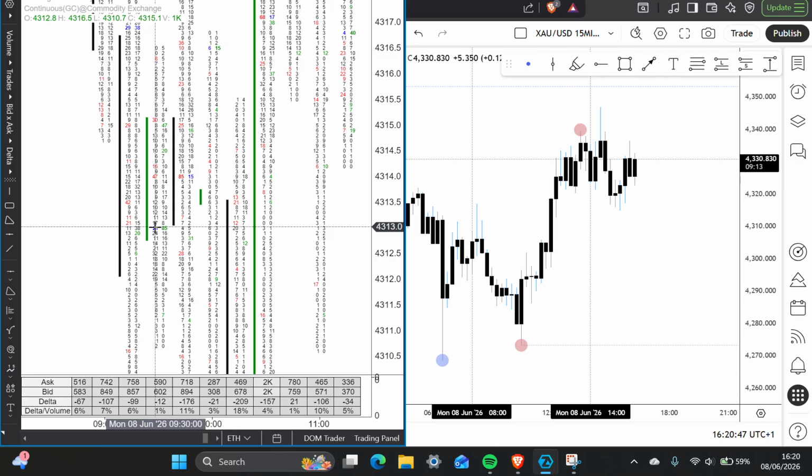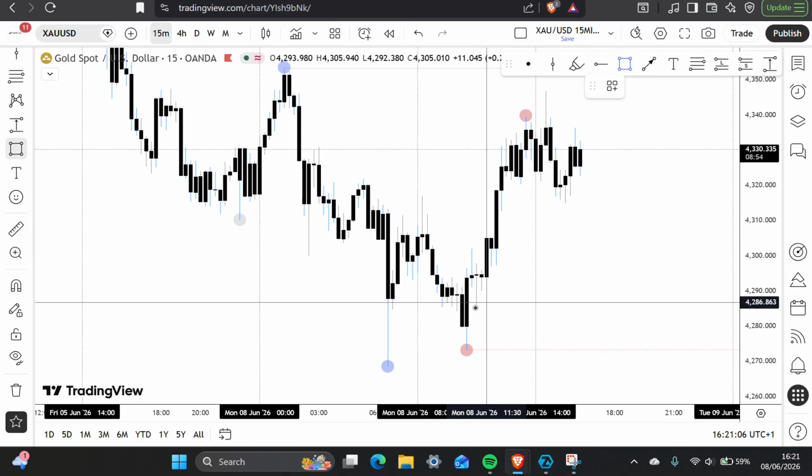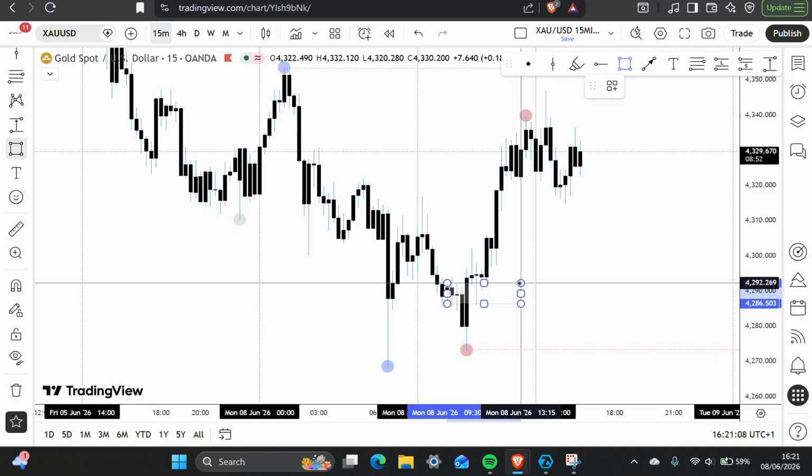We need a bullish candle with bearish delta. 9:15 is a bearish candle. 9:30 is a bullish candle. The delta is negative. The delta is bearish. So 9:30 is the delta candle. Perfect. So there you go.